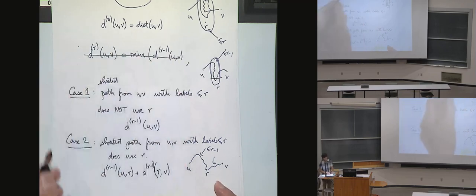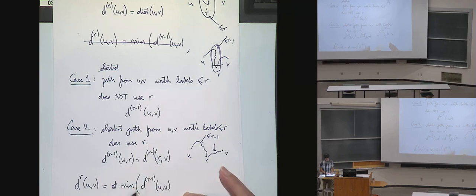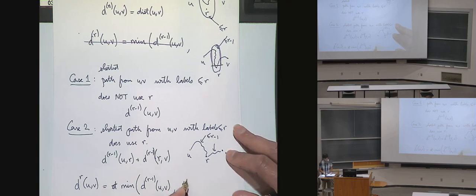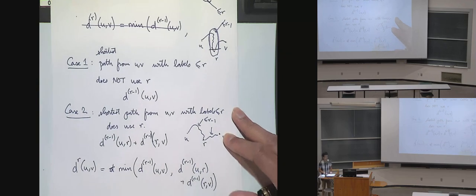I'm just going to rewrite this over here. So therefore the recurrence just becomes d r u v is the min of just two terms, d r minus 1 u v and d r minus 1 u r plus d r minus 1 r v.